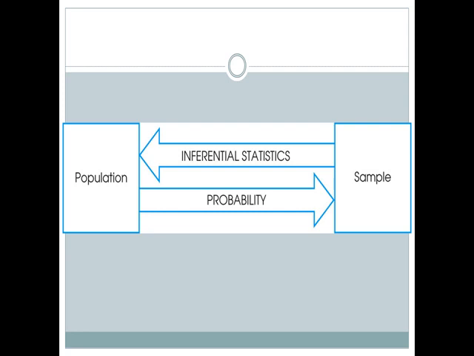Therefore, we take a sample of college students, we make it as representative as possible, but we know, because of the concept of sampling error, that there's going to be a difference between our sample statistics and our population parameters. But we can calculate with a certain likelihood or certain probability how close our sample is likely to match the population that it came from.